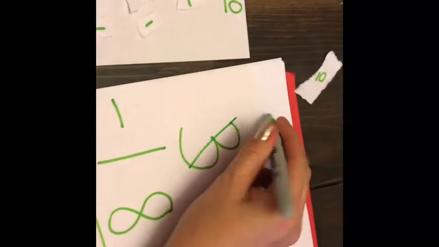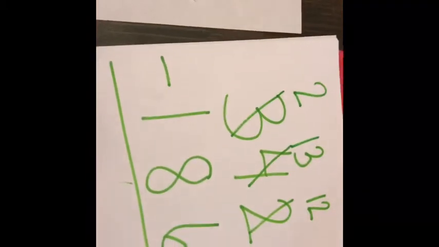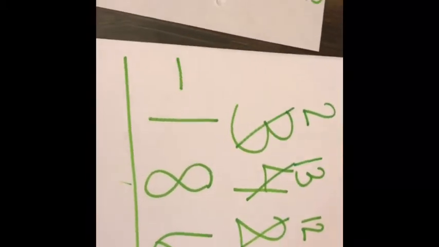So now I'm going to come over to my charts and I'm going to make sure that my problem matches my chart. Okay, so I don't have 3 hundreds anymore. I have 2. Okay? And then I don't have just 3 tens anymore. I have 10 plus 3. So I have 13.